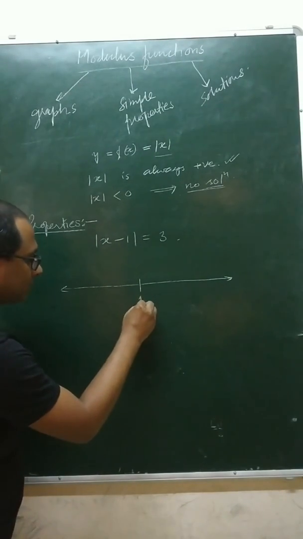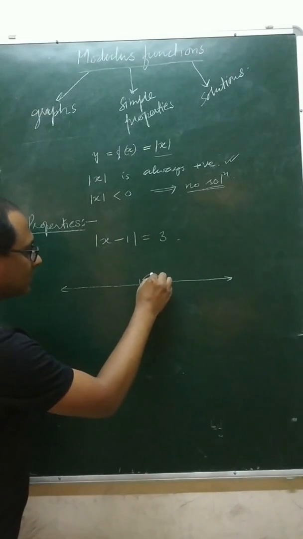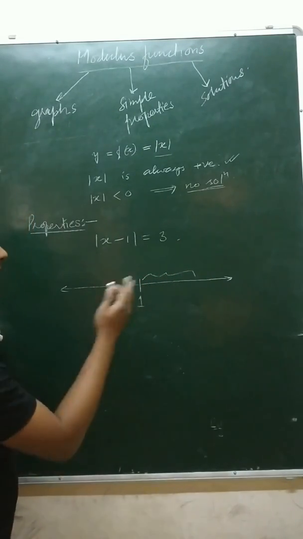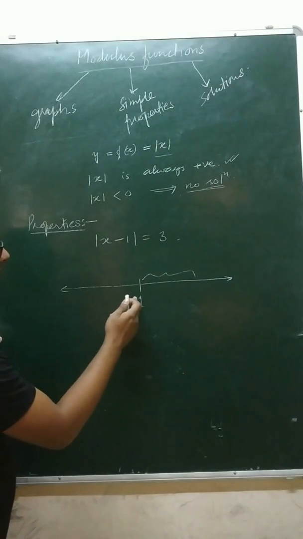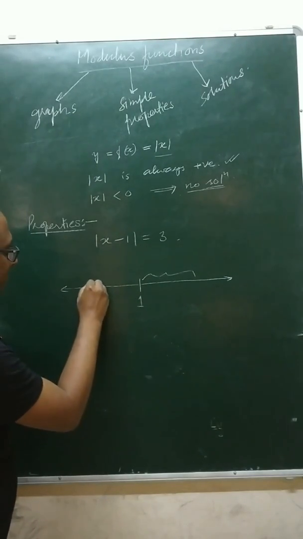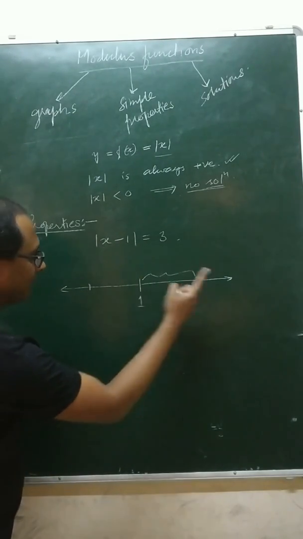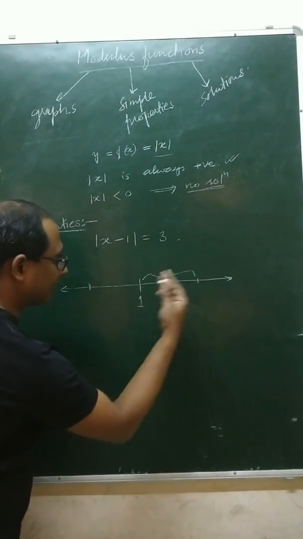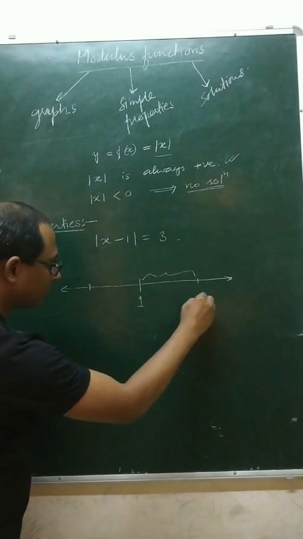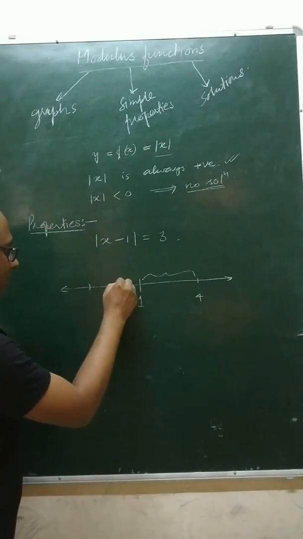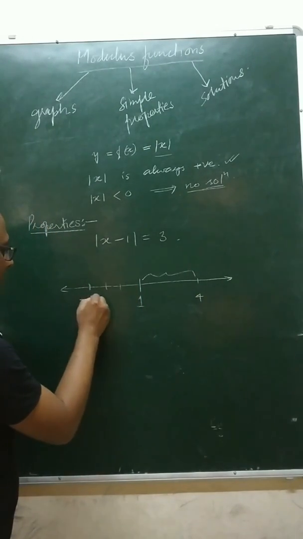The points which are at a distance 3 units on either side of 1. So on the right-hand side, the positive side, it will obviously be 4, and this way it will be 1, 0, minus 1, 2, minus 2.